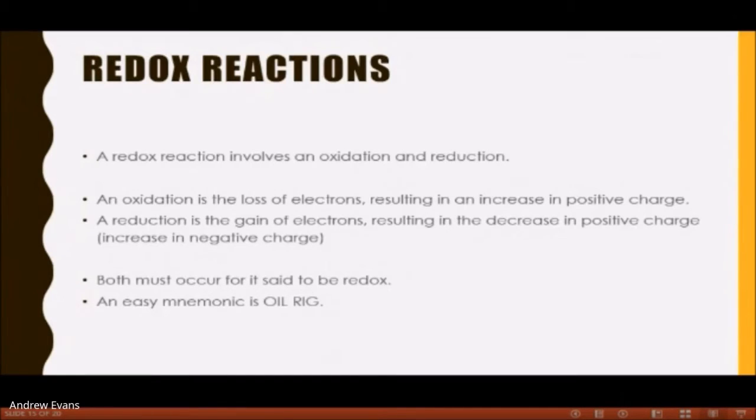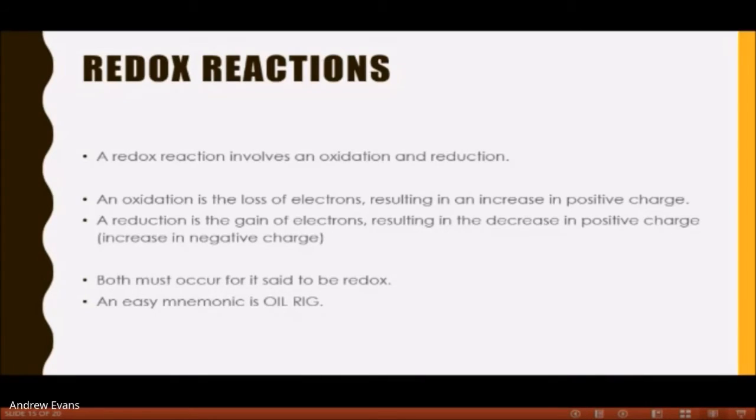Now, just like acid-base neutralization needs an acid and a base to work, if there's an acid and no base, it can't be an acid-base reaction. Well, the same thing here with redox. There cannot be an oxidation without a reduction because of the nature of this push-pull relationship.